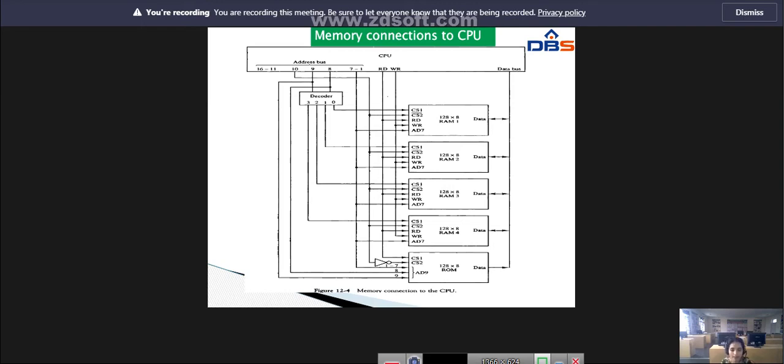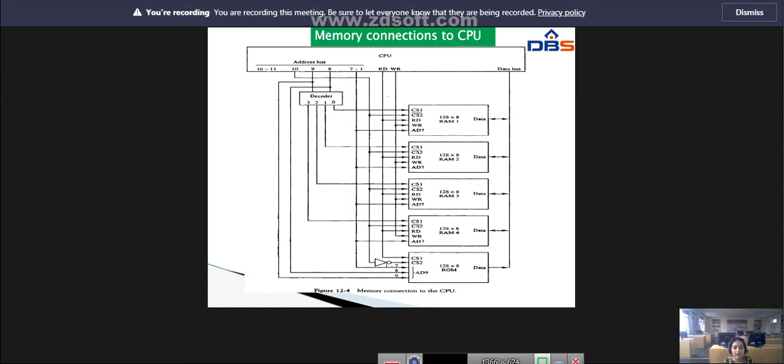Each RAM receives the 7 low order bits of the address bus to select one of 128 possible bytes. The particular RAM chip is determined from lines 8 and 9 in the address bus. This is done through a 2x4 decoder whose output goes to the CS1 (chip select 1) input in each RAM chip.